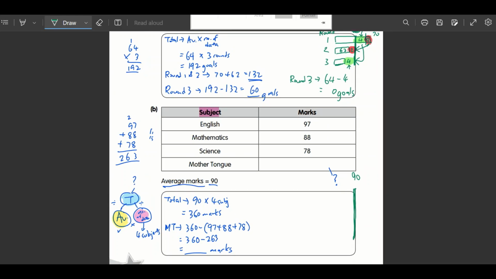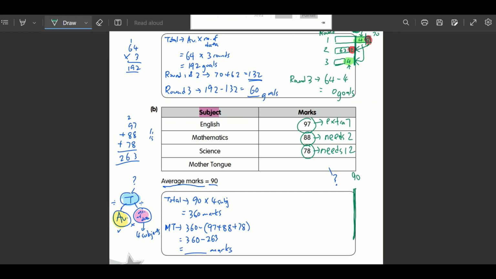So looking at this, I have English, Maths, Science and Mother Tongue. Looking at the marks, I can see that English has an extra of 7. Then Maths needs 2. So we are talking about getting to the average. And then Science also needs 12.